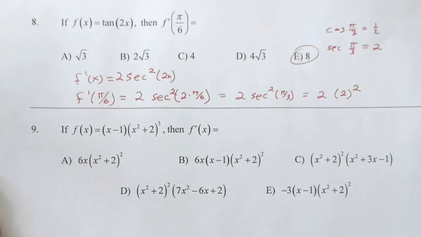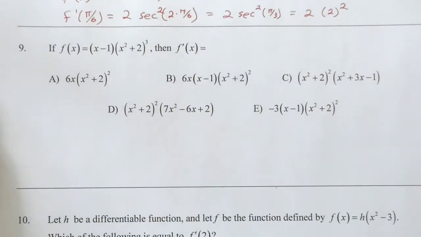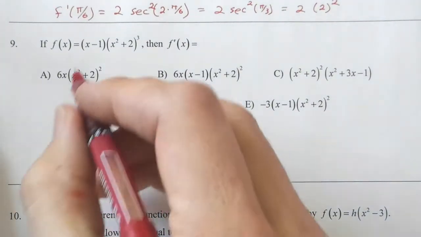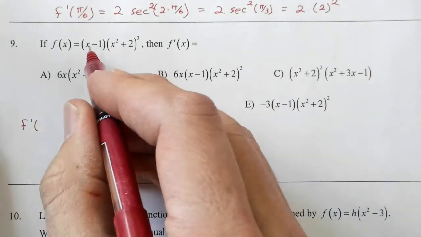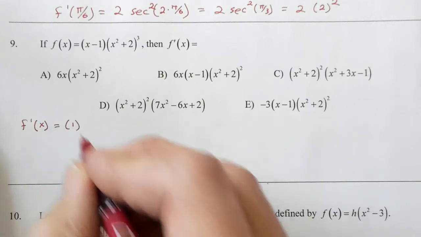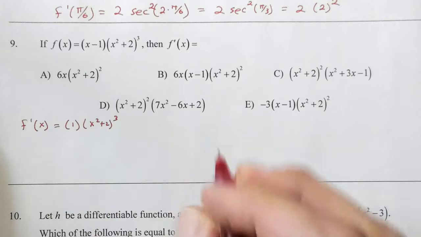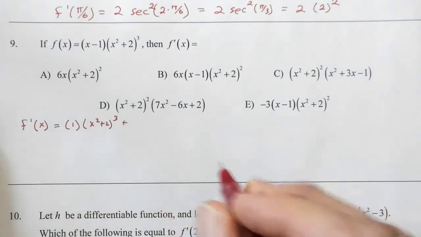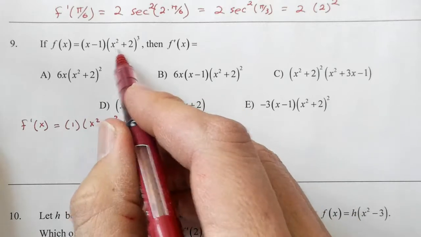With number 9, we have a chain rule, but we also have a product rule. So when we do our product rule, we derive the first term, and the derivative of x minus 1 is 1. And we keep the second, x squared plus 2 cubed, plus, now we keep the first term, x minus 1, and we derive the second term.